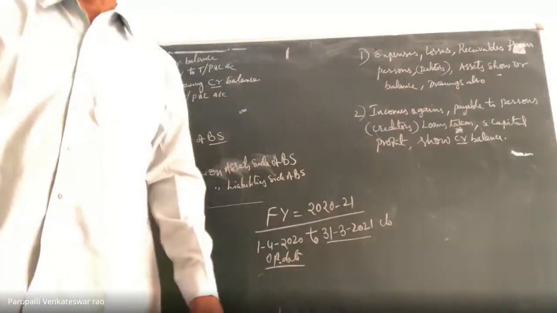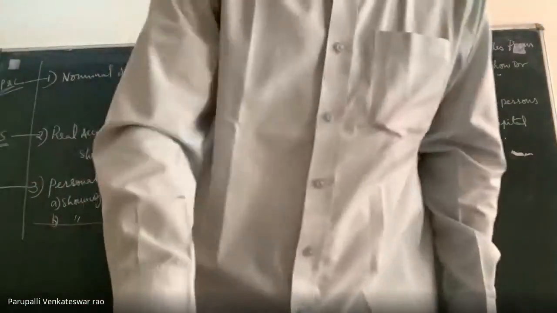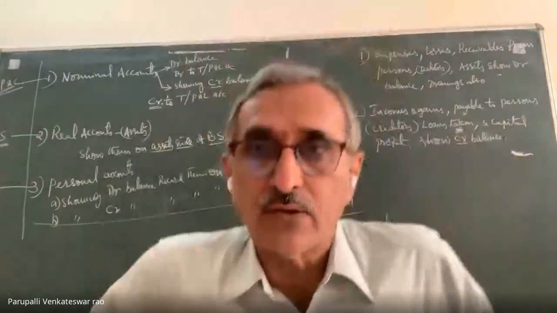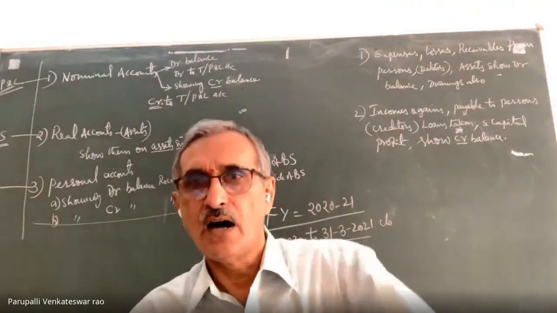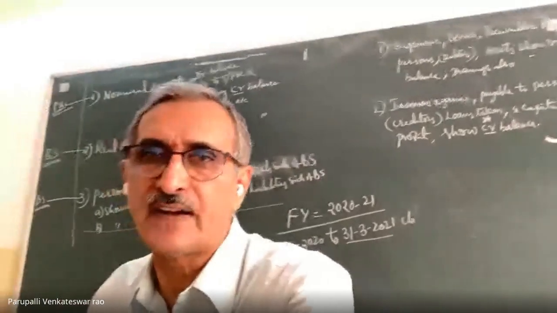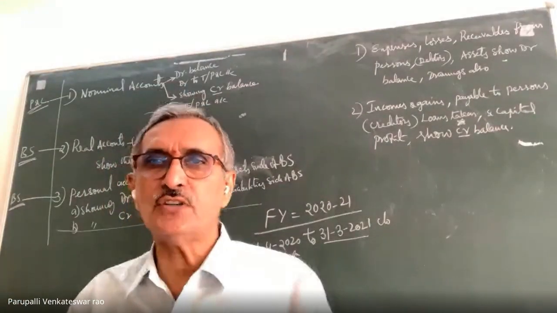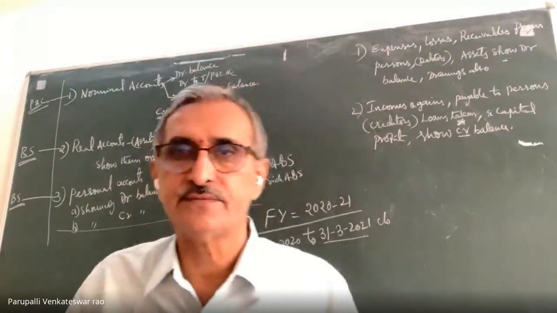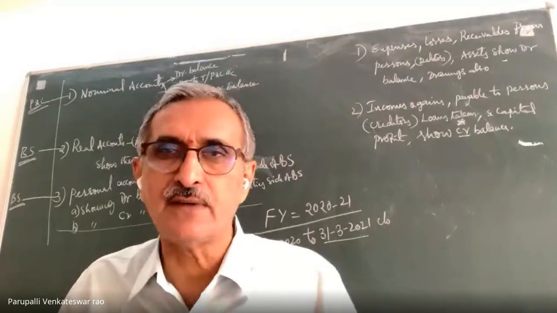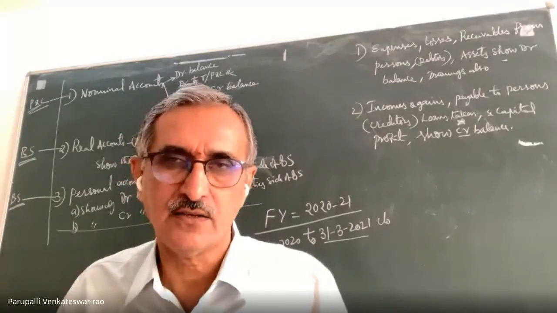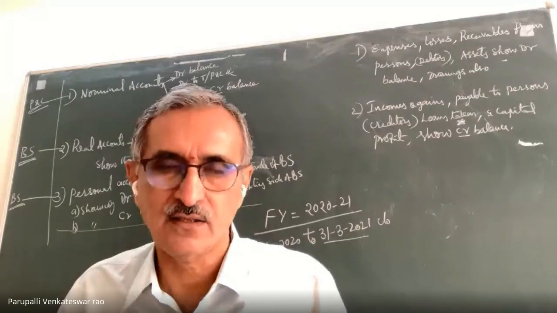A financial year is a period of 12 months. Already I told you, the day on which business commenced is the first day. Unsold stock of last year, on 31st March, will become opening stock.